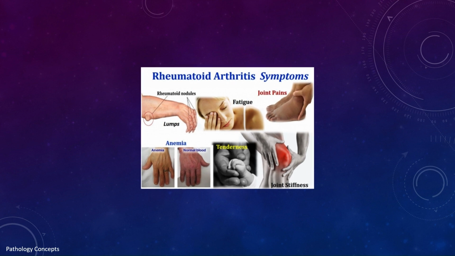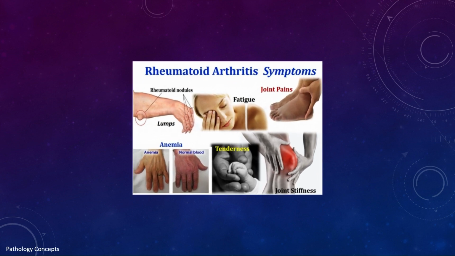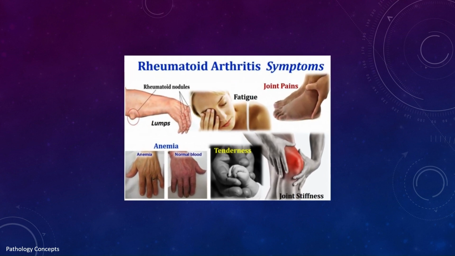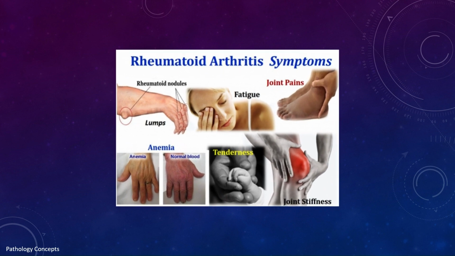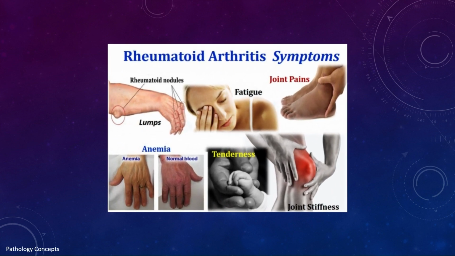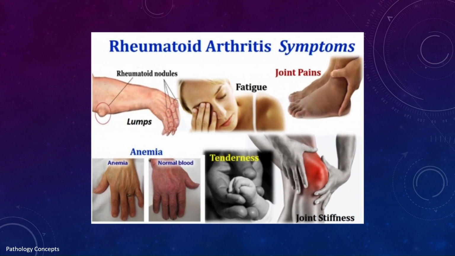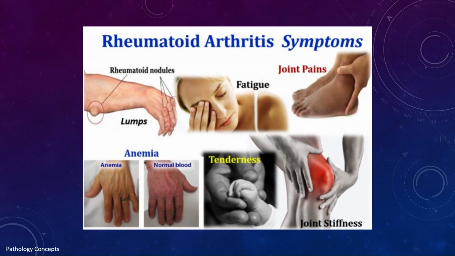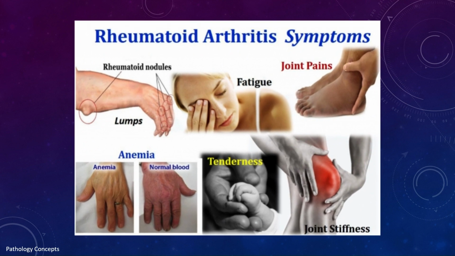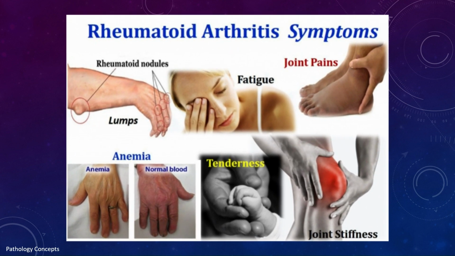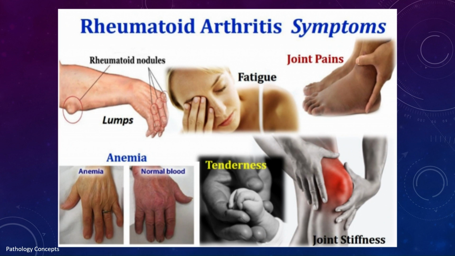Common symptoms of rheumatoid arthritis include morning stiffness of affected joints for more than 30 minutes, fatigue, fever, weight loss, tender, swollen, and warm joints, and rheumatoid nodules under the skin.